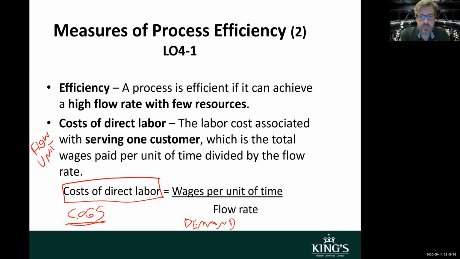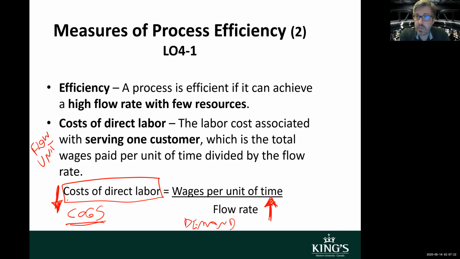So another important thing, if you look into this little equation over here, as you increase flow rate, if this goes up, what will happen to the cost of direct labor? This will go down, right? So this is a key insight that we must have as operations managers.